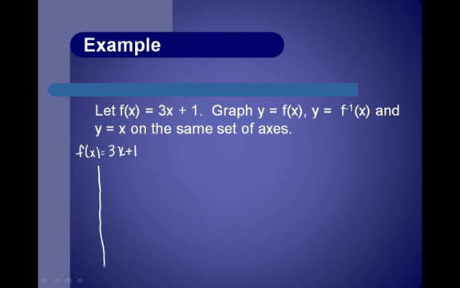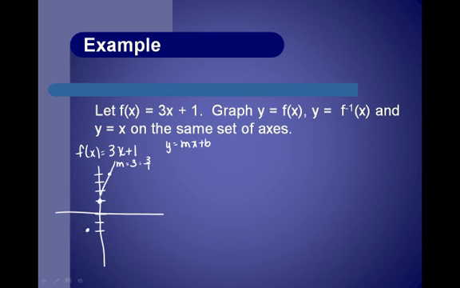If we were going to graph this, I'm just going to use the fact that y equals mx plus b, so this line would have a y-intercept of 1. And the slope is 3, which means 3 over 1, so we're going to go up 3 and over 1. Or we could have gone down 3 and back 1.